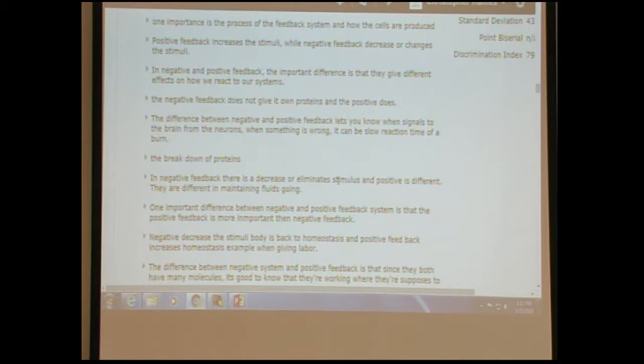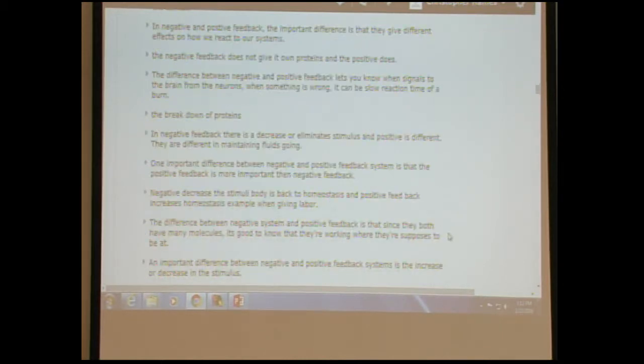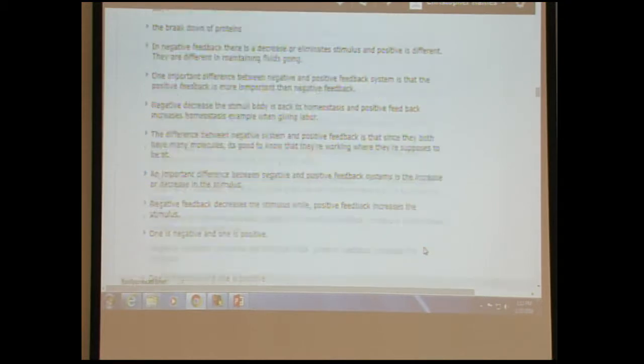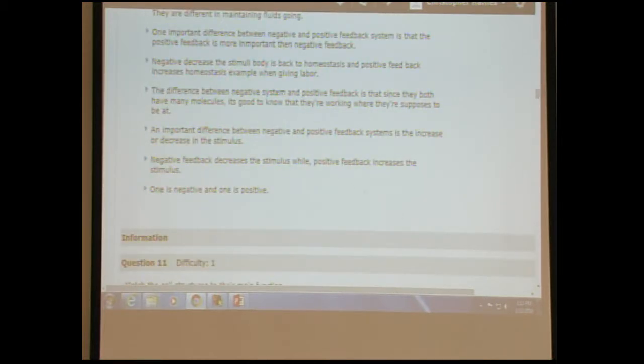So you remember when the body was doing the negative feedback, the response got rid of the stimulus. Positive is different. So I would have said positive increases the stimulus for that one, just to be specific. Oh, so here's one. Negative feedback decreases the stimulus, while positive feedback increases the stimulus. So that would be a perfect answer for that one.